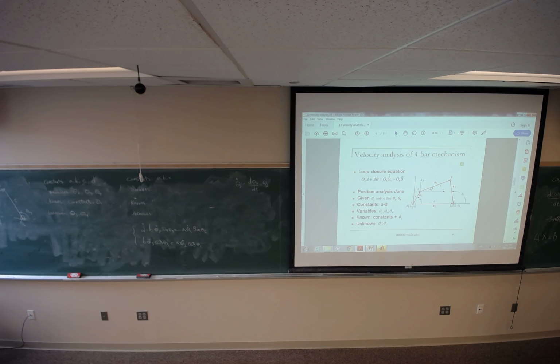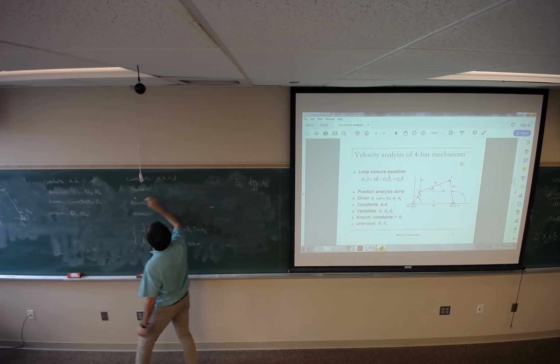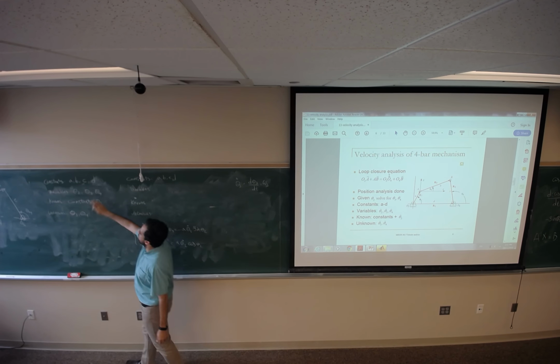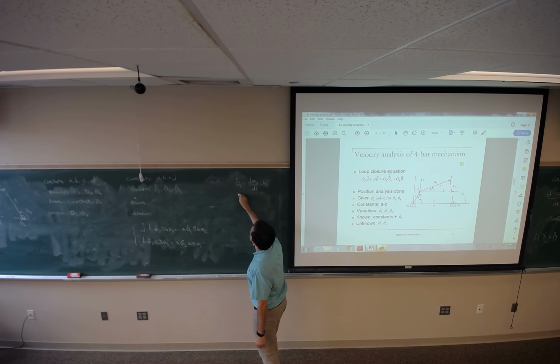For velocity analysis, the constants would be the same, A, B, C, and D. The variables, whatever the variables are here, just add one dot on the top of each, which represents the angular velocity of link 2, link 3, and link 4. Omega 3, omega 4, and omega 2.